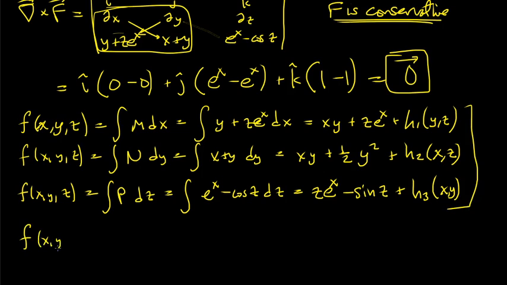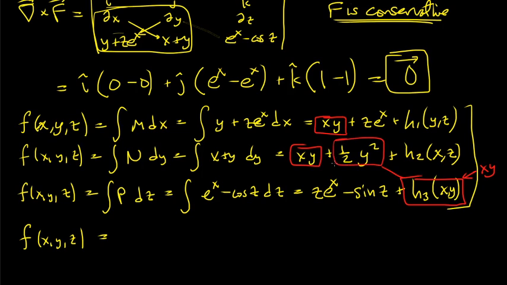So what could my potential function be? So let's see. We have, well, xy is in both of these, but it's not in the bottom one anywhere, is it? On the other hand, h3 is a function of just x and y. So, right, that means this thing has to be xy plus 1/2 y squared.